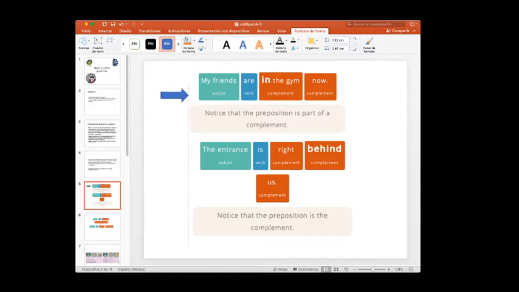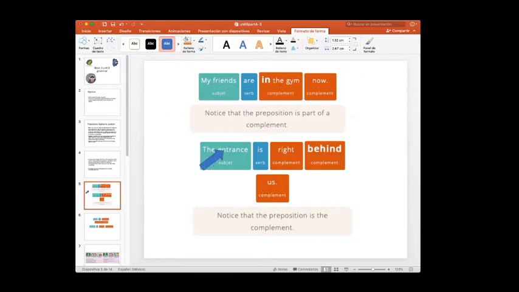The subject obviously is "my friends." The verb is the verb to be, "are." The complement "in the gym" is all this, and more: a complement of time expression, "now." Notice that the preposition is part of a complement, "in the gym." That's the point, because prepositions cannot be alone.